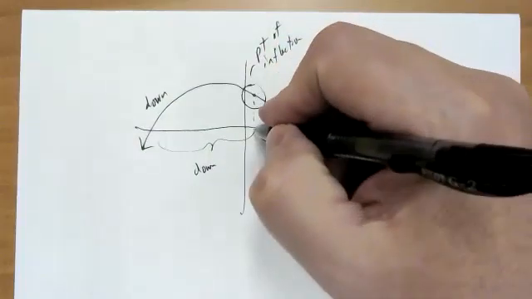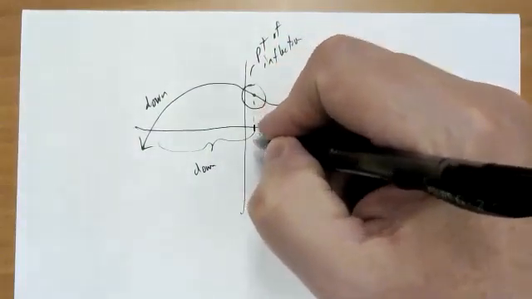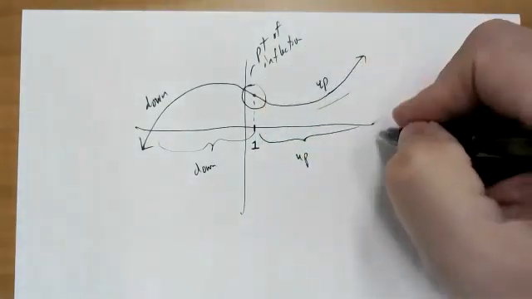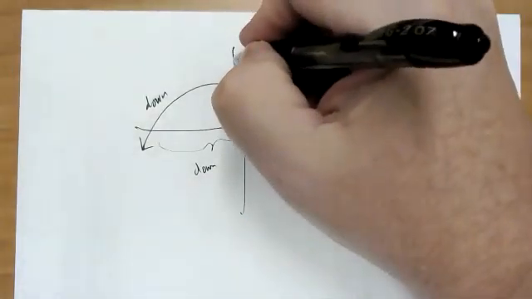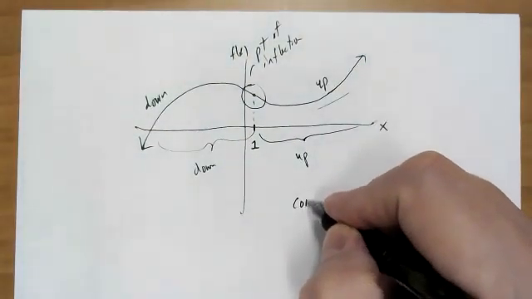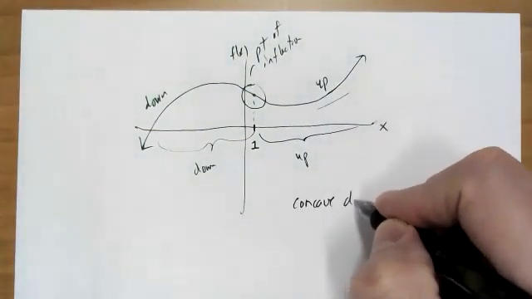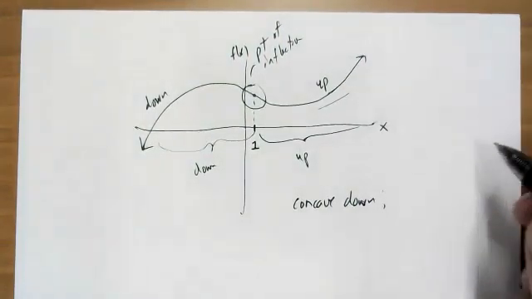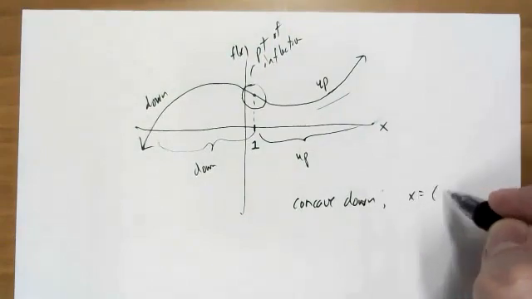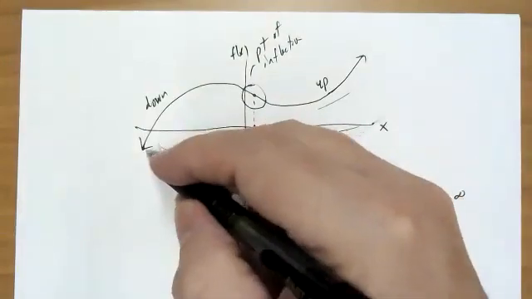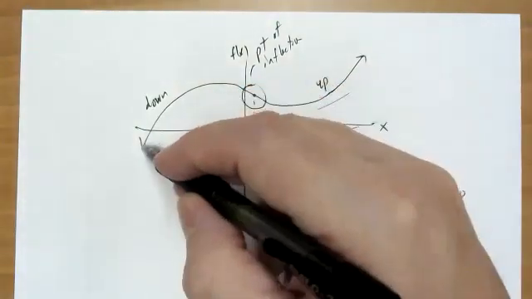Let's just say we actually realize that the point of inflection occurs when x is 1. Then we could say it's concave down, so this goes on forever and ever, negative infinity to 1.